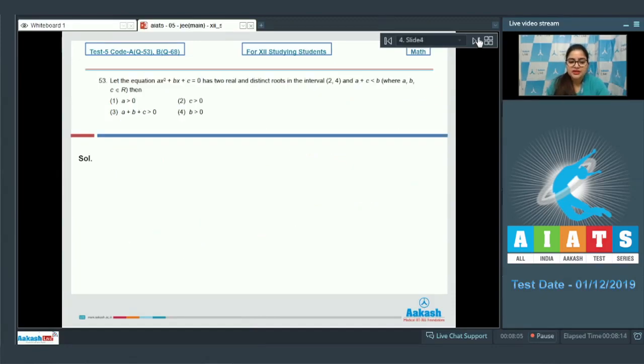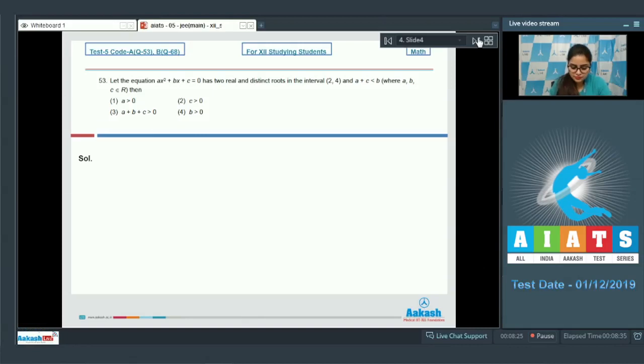Question number 53. Let the equation ax² + bx + c = 0 have two real and distinct roots in the interval (2, 4) and a + c < b, where a, b, c belong to the real numbers.